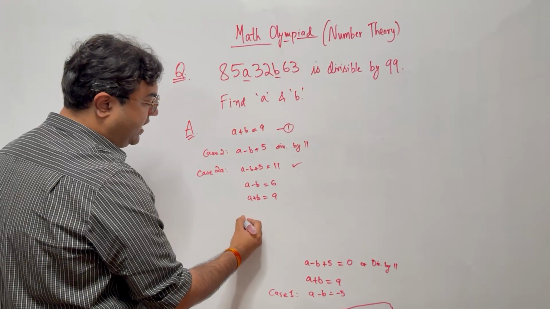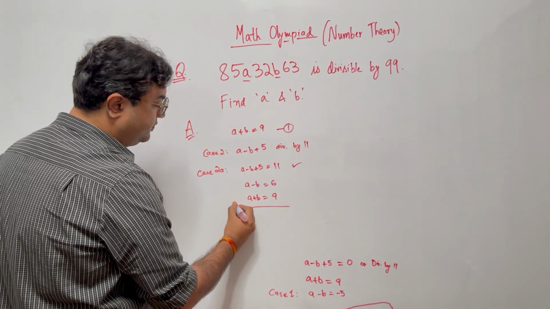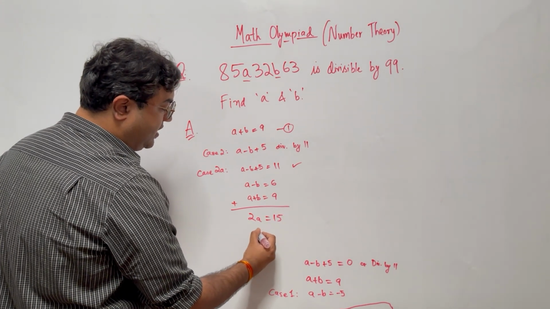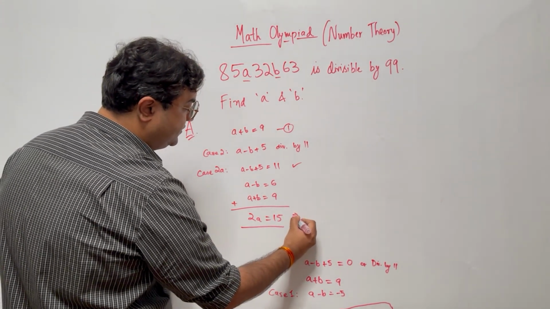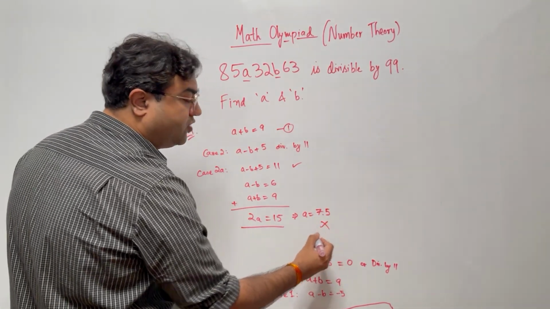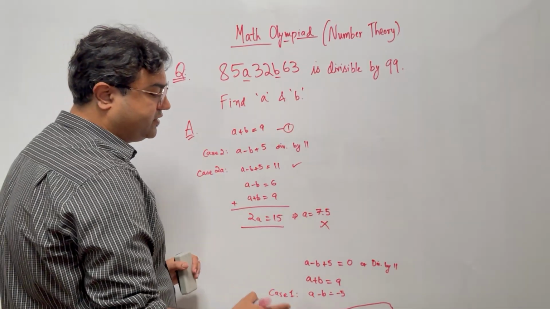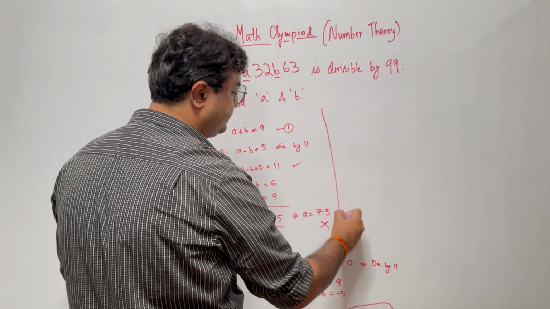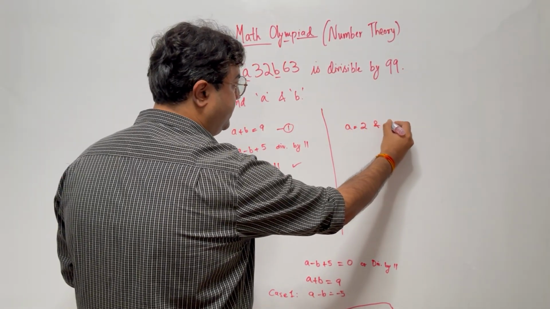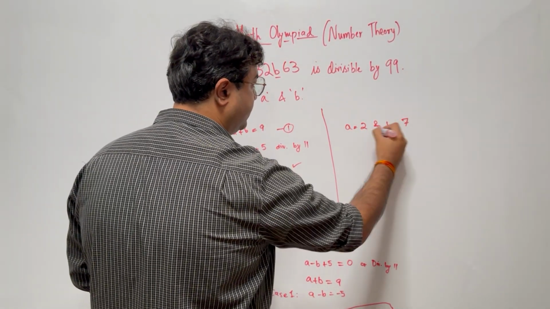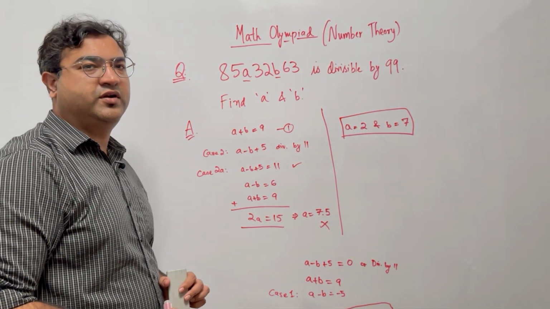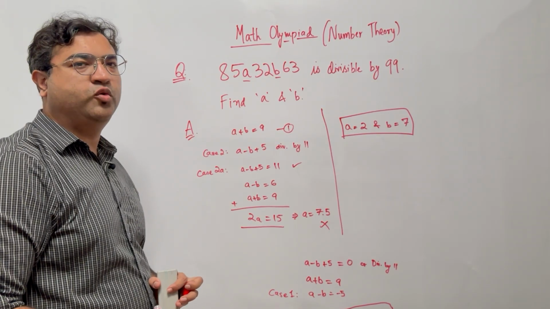So if we add them up, we get 2A is equal to 15, and that means A is 7.5, which cannot happen. So the only answer that we have is A is equal to 2 and B is equal to 7. So that's our answer. Hope you like this video.